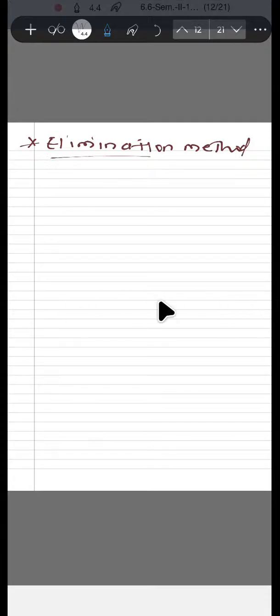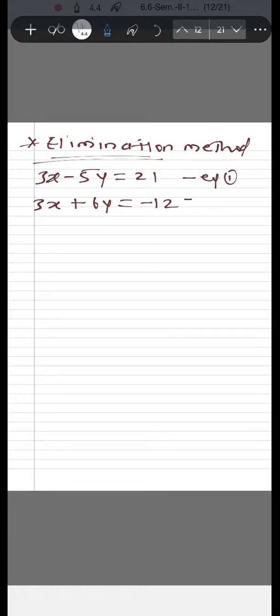Elimination means simply we are going to cut down one variable. At the end we will observe only one variable, and by finding that value, we substitute it in some equation and get both answers.